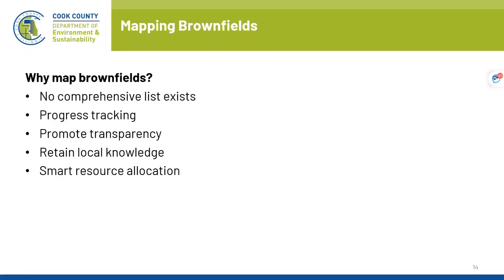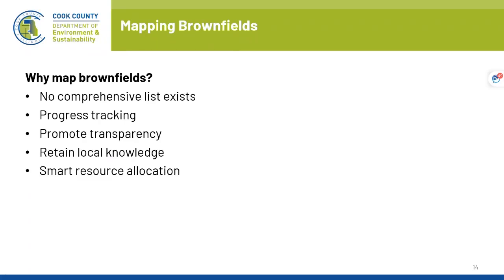This also will help retain local knowledge. So, as you may be guessing, with brownfield sites, it's sometimes hard to track down what happened there. When did that business close? What did they do with the drums that used to be out there? And a lot of this information we get from neighbors, from having conversations in communities.